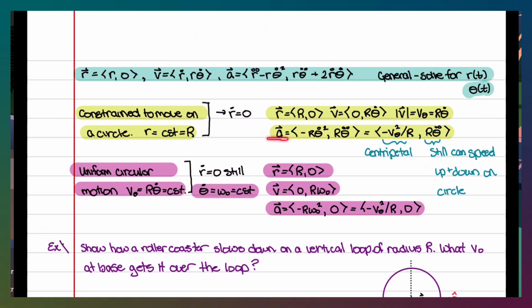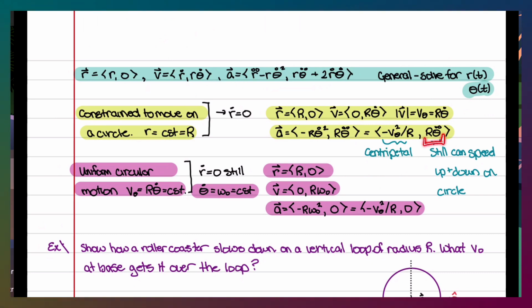And then your acceleration, again, r double dot goes away, r dot goes away, becomes the centripetal term and this angular acceleration term. If I use this, I can write the centripetal term. That might look familiar, negative v squared over r. That is the kind of center-seeking acceleration, that it's not making you move closer or farther away, but it's kind of helping you stay in a circle by changing your direction.